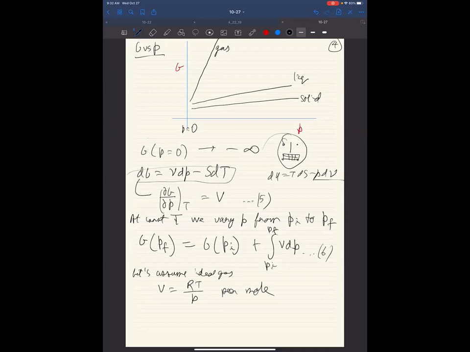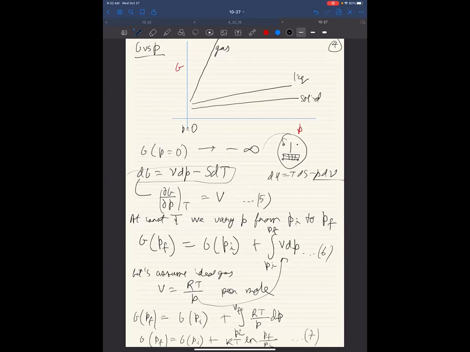So if V is equal to RT by P and we use this in this equation, then we get G of Pf is equal to G of Pi plus the integral from Pi to Pf of V, which is RT by P, dP. And we are doing it at constant temperature, so we can draw the temperature out. Therefore, G of Pf is equal to G of Pi plus RT ln Pf by Pi.